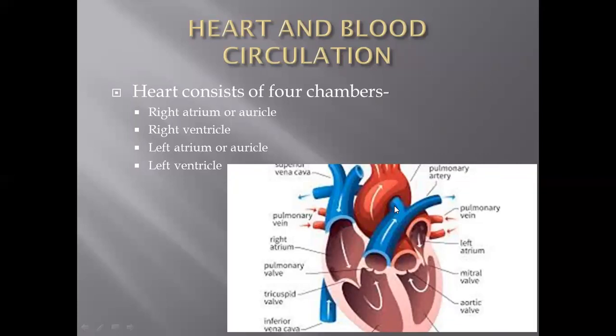The purified blood then enters into the left upper chamber called the left atrium or auricle. It then passes into the left lower chamber called the left ventricle. So this is the left ventricle.